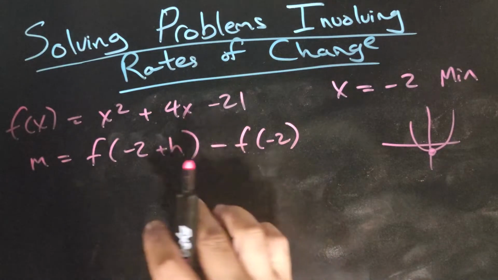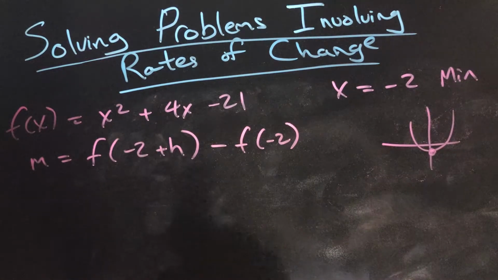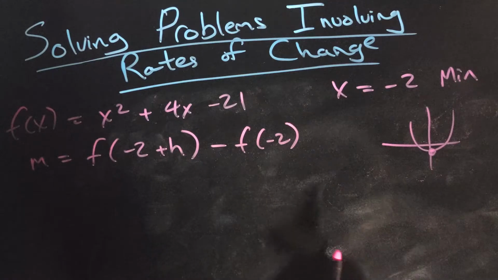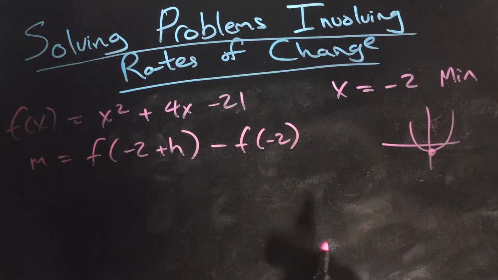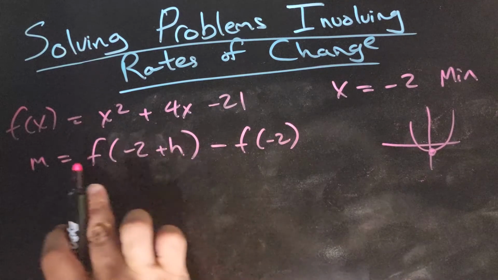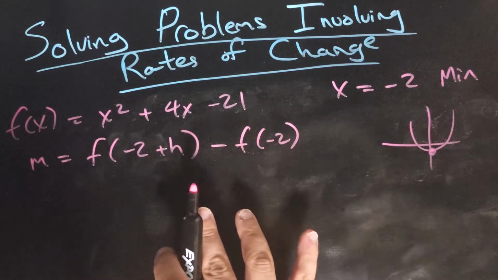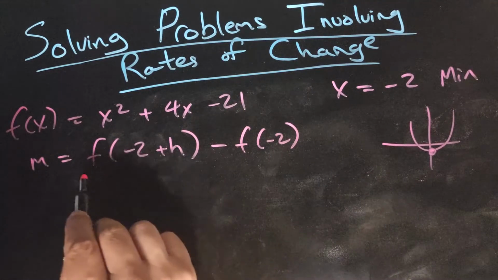We're going to basically say that h is going to represent a small amount of difference from the -2, and we're going to find the delta from there, the difference in that height.